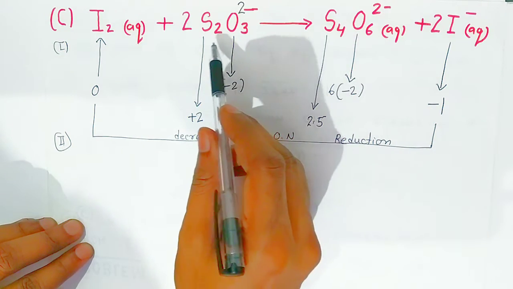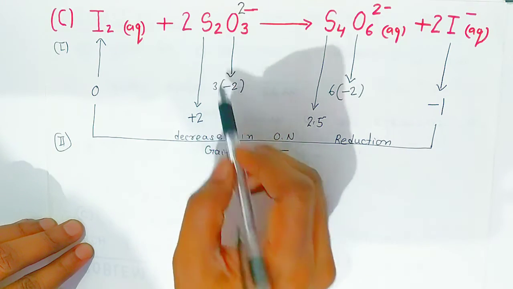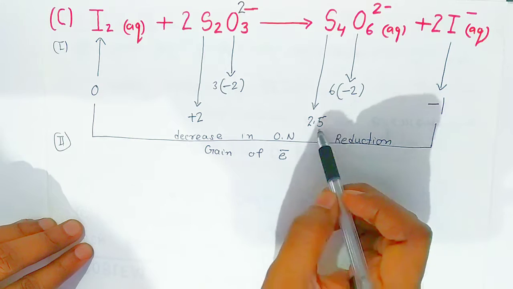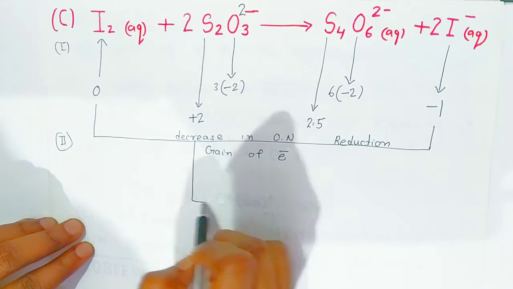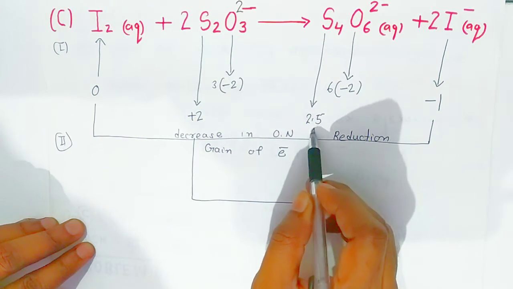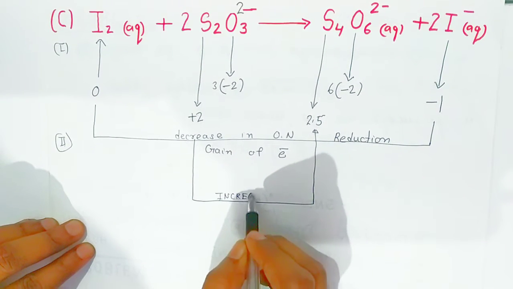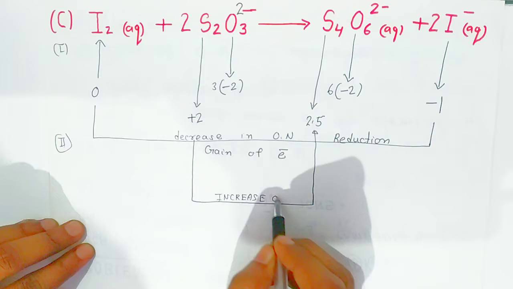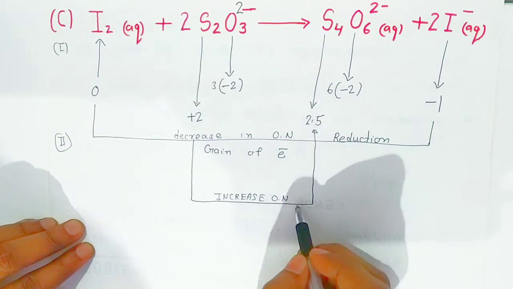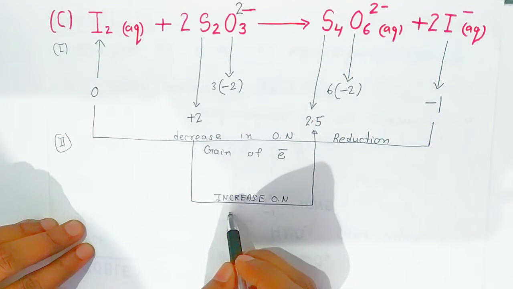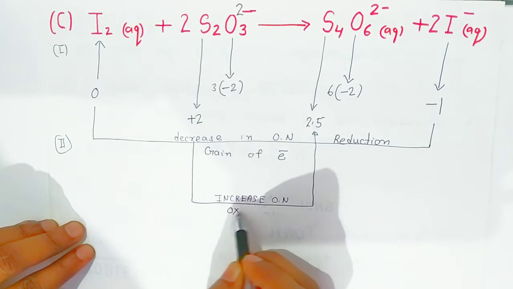Now, when it comes to this molecule, sulfur, in the reactant the oxidation number is +2. Now it is becoming 2.5. Okay, students. Now there is an increase in the oxidation number, an increase by 0.5. So an increase in oxidation number, what do we call it? Oxidation. Yes or no?